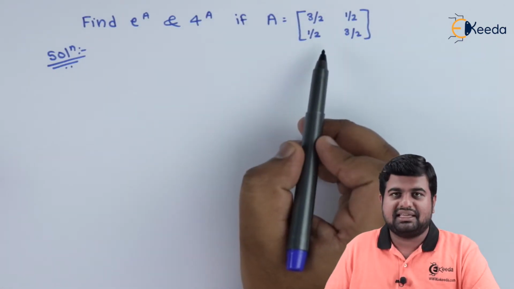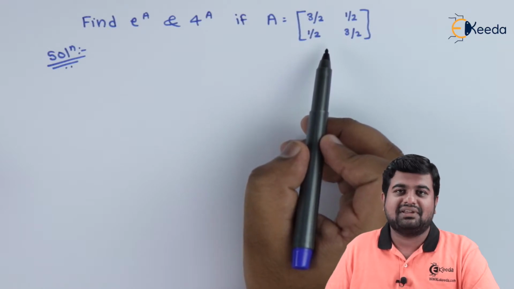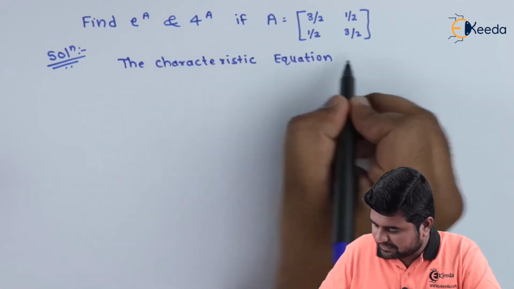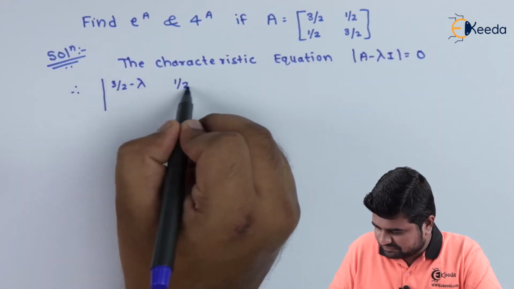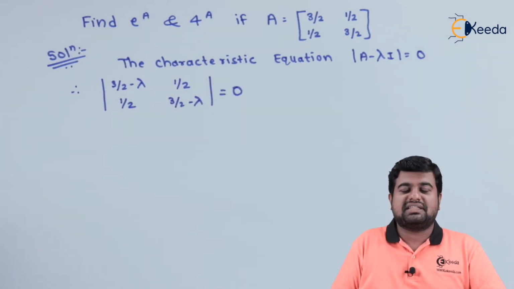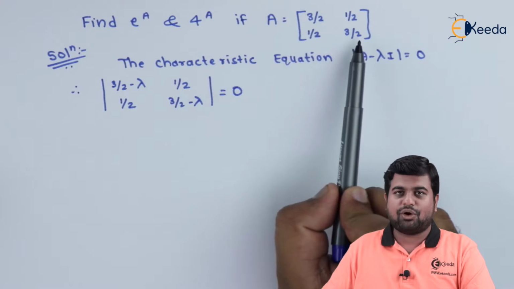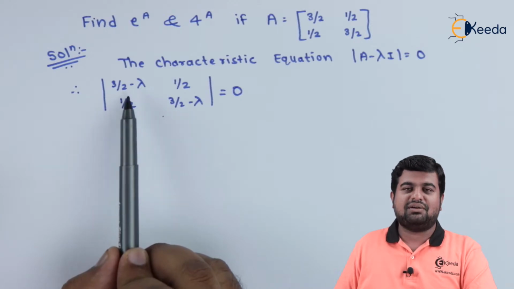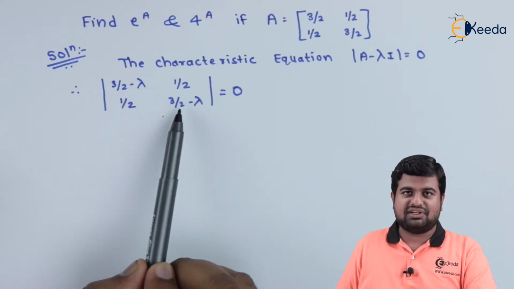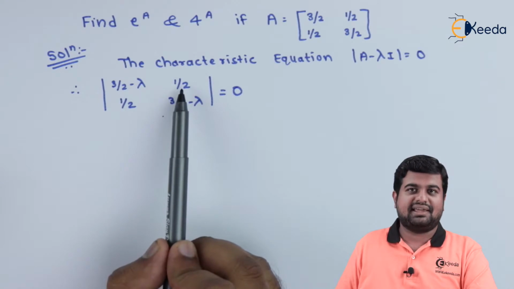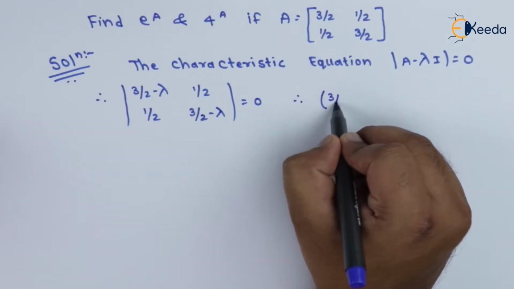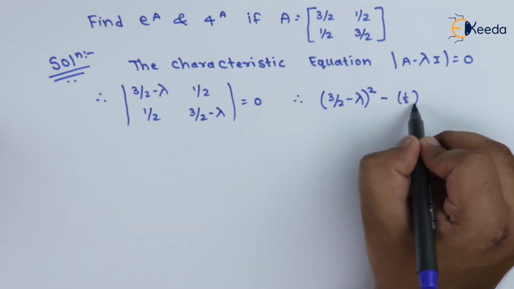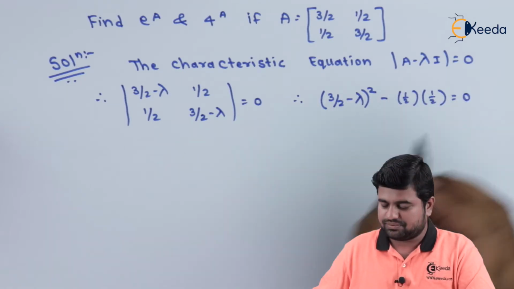Let us find out the eigenvalues and eigenvectors by starting with the characteristic equation. A minus lambda I: I am going to subtract lambda from all the diagonal values and take the determinant. To calculate this determinant, we take the multiplication of the diagonal minus the multiplication of the other diagonal elements, which is equal to 0.